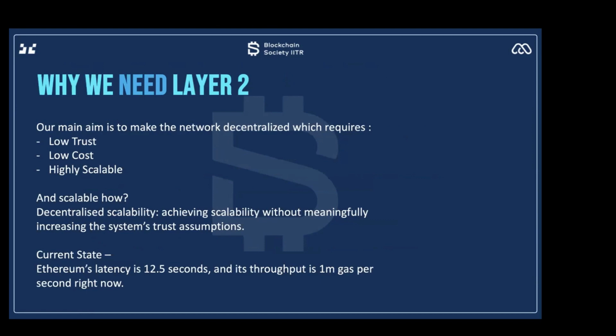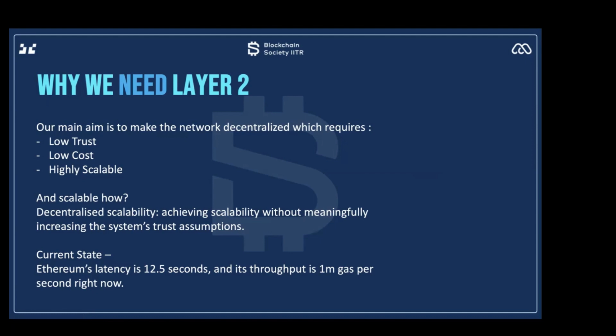Yes. So why do we need layer 2? We discussed in the last lecture that we have to scale the system, but why do we need it? Whenever we are creating a blockchain, our main purpose is to decentralize it. And the main thing that we require in a decentralized system is that we should need little to no trust in the system for whatever transactions we are performing.